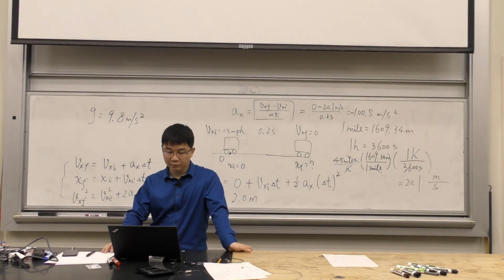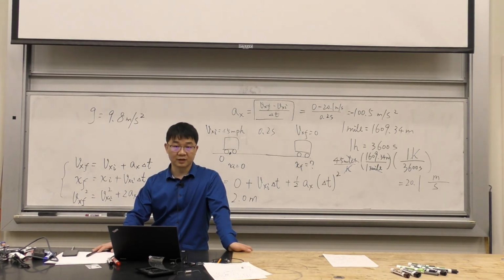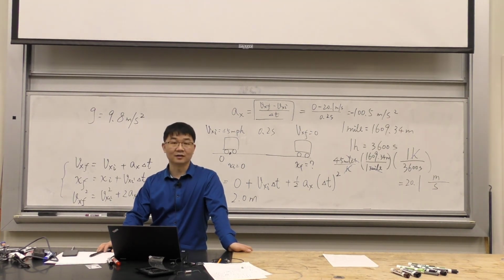And of course, 9.8 is only the free fall acceleration on the Earth. So if you go to a different planet, the free fall acceleration is going to be different, and then little g is going to be different. But it's usually going to be a constant on a specific planet.